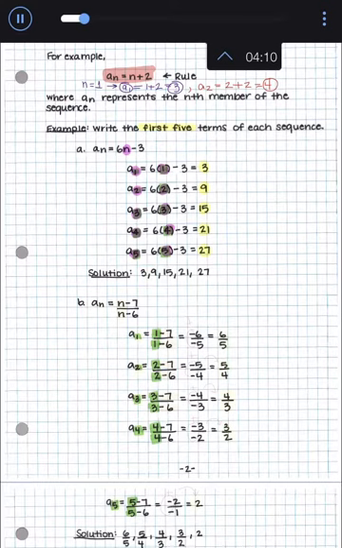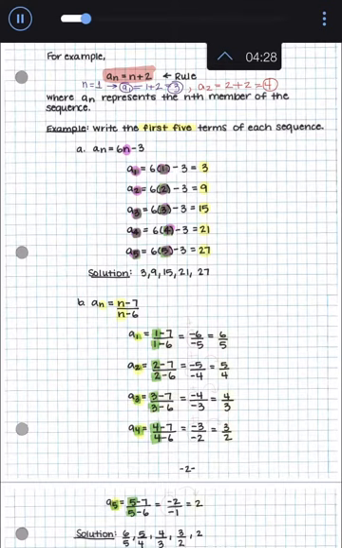In problem B, we have a sub n equals n minus 7 over n minus 6. Again, they only want the first 5 terms, so that means we're going to plug in 1, 2, 3, 4, and 5 for our n here.